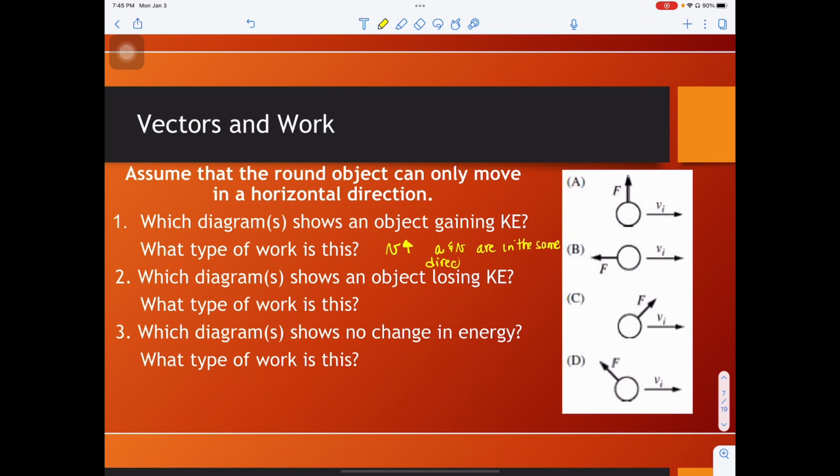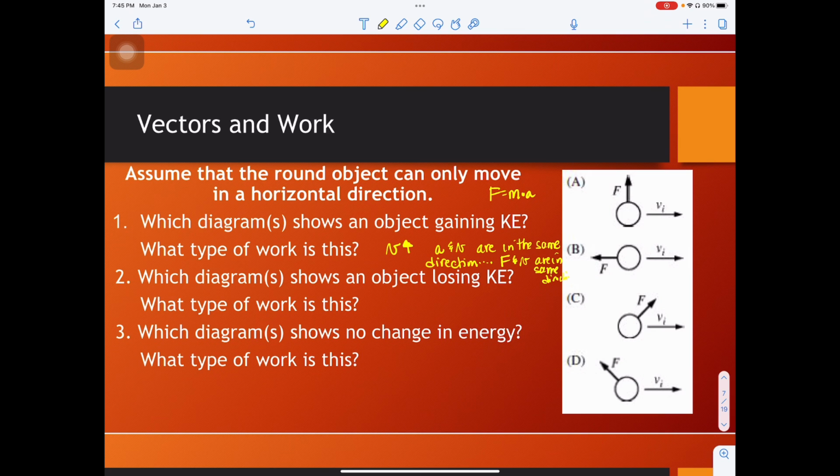And what that means is that because F is equal to M times A, that means that F and V are in the same direction. Okay, so when I look at these, which ones are F and V in the same direction? It looks like only C has a component of F in the direction of the velocity.